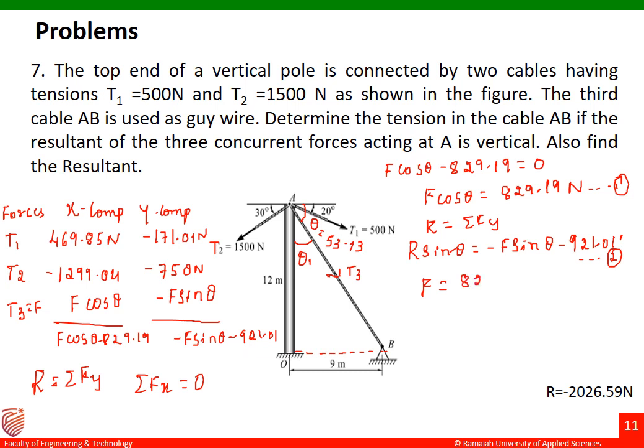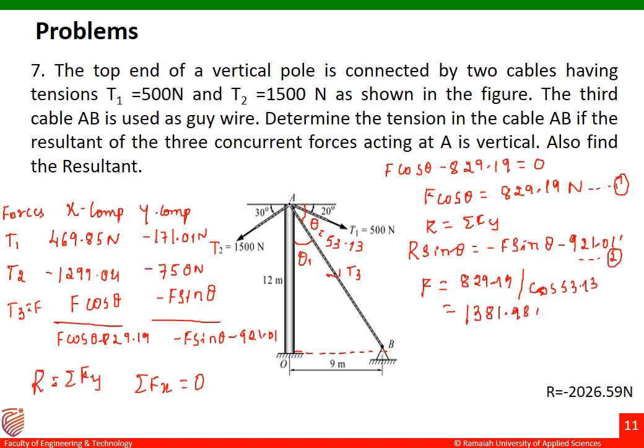Substitute this 53.13 in equation number 1. You'll get the answer for F. So F is equal to 829.19 divided by cos 53.13. So let us find out the answer for this. That is cos 53.13, so 829.19 divided by answer.